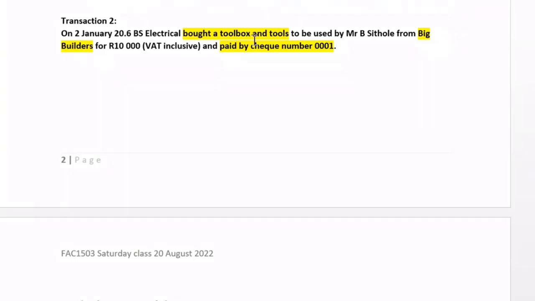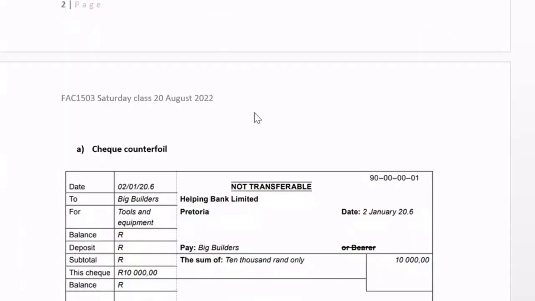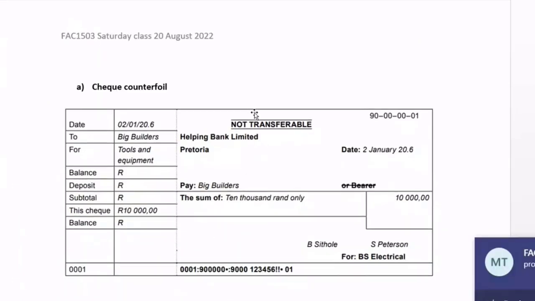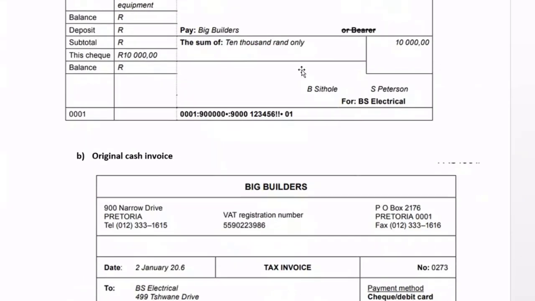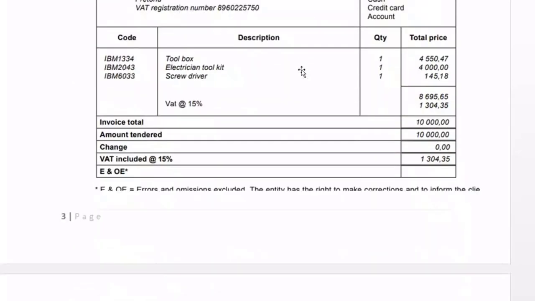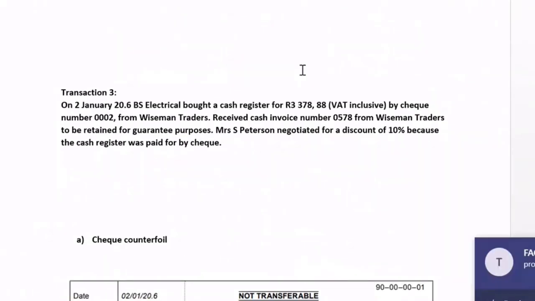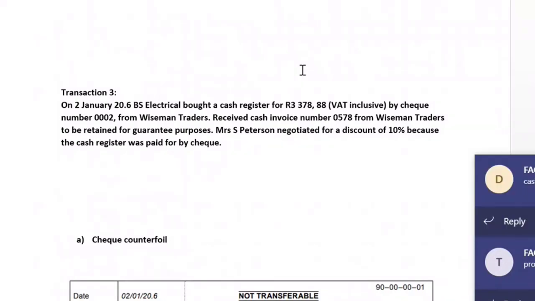Yes, proof of payment. Yes, proof of transfer of payment.